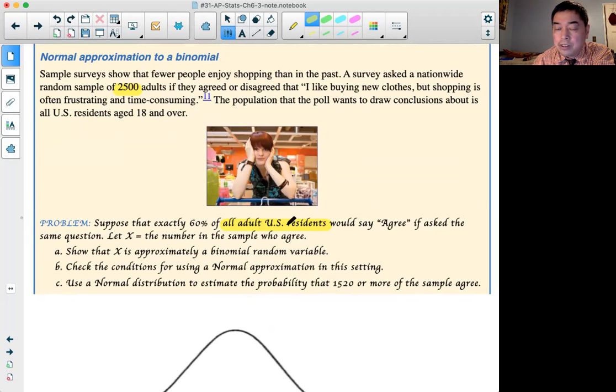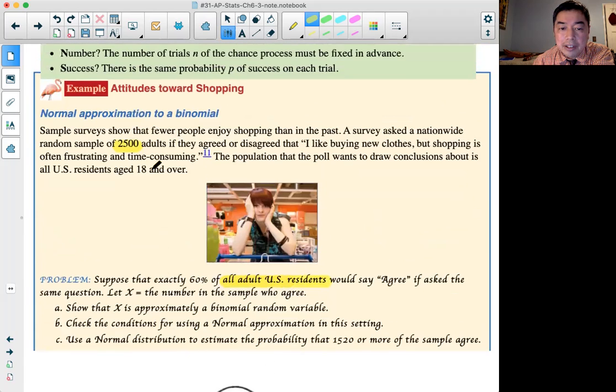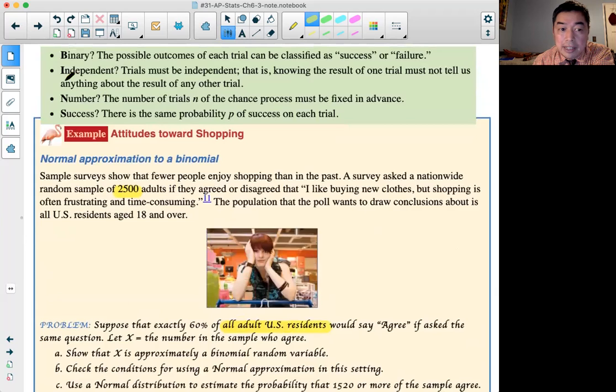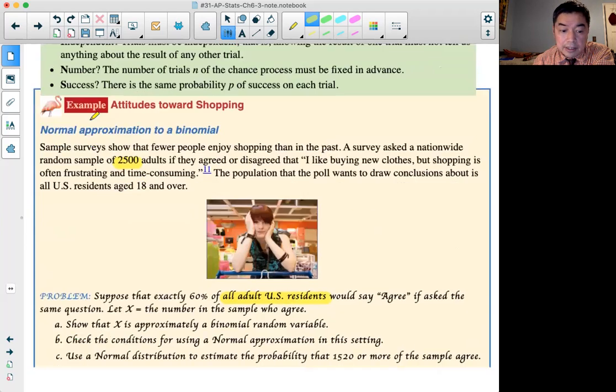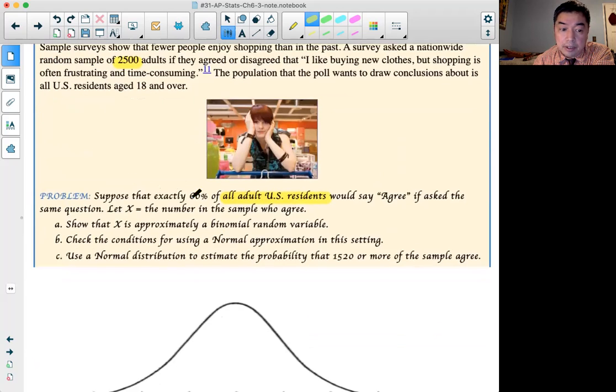So this is independent, okay? Even though it's not truly independent, it's independent enough because the 10% condition is met, okay? So that's number 2, okay? All right, so number of trials, again, 2,500, success, 60%.